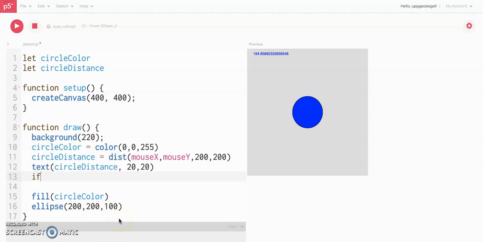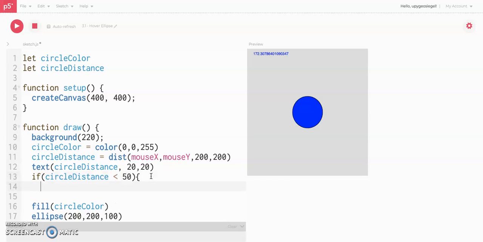So we're going to say if circle distance, that's how far our mouse is from the center, is less than 50, which is half the diameter, then we're going to change the color. So in our if statement, let's put circle color, that's the color, and we're going to change the color to red, to 5500. And if you look, when I go over, boom, red.